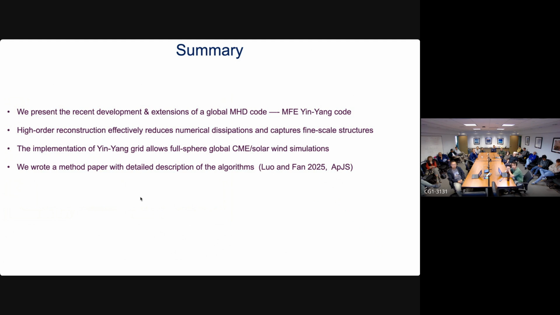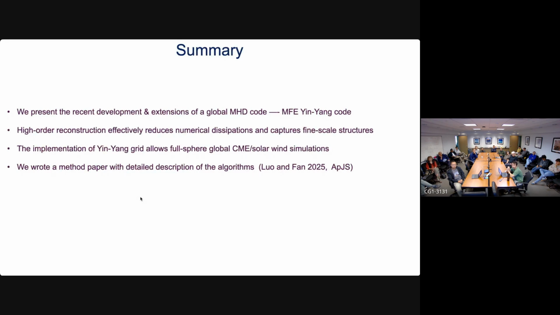Here we present the recent development and extension and some of the applications of the global magnetic flux eruption in the Yang code. By using high order reconstruction methods, we effectively reduce numerical dissipation and capture more fine scale structures.